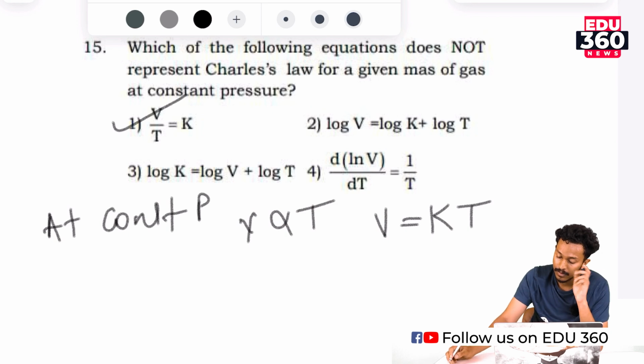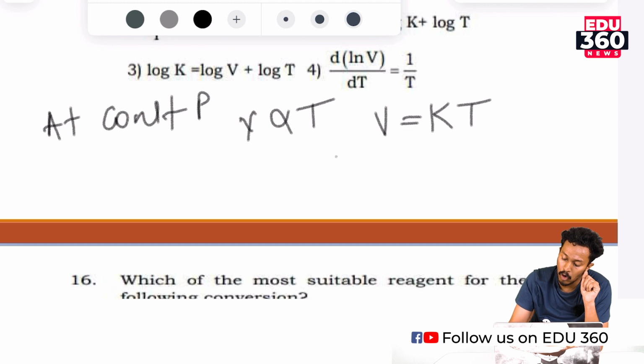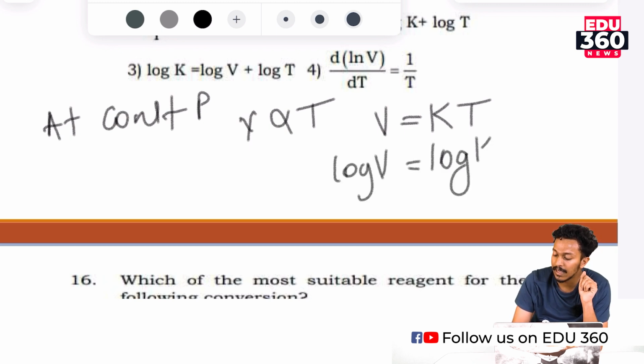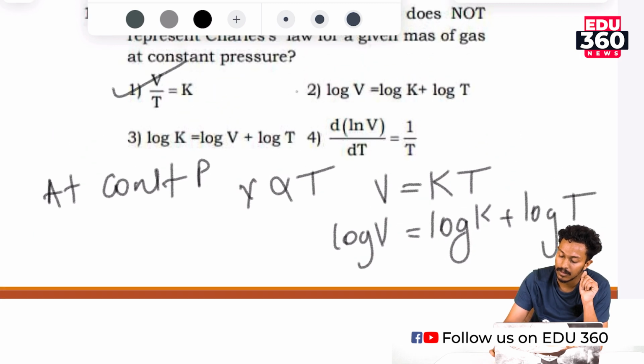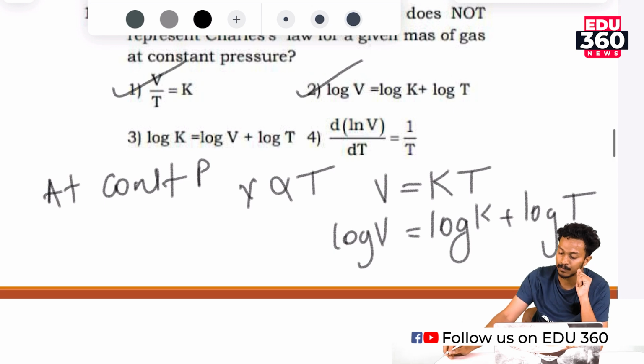Okay, the question is which does not give Charles' law. On taking logarithm, log V is equal to log K plus log T, isn't it? So option 2 is also correct.